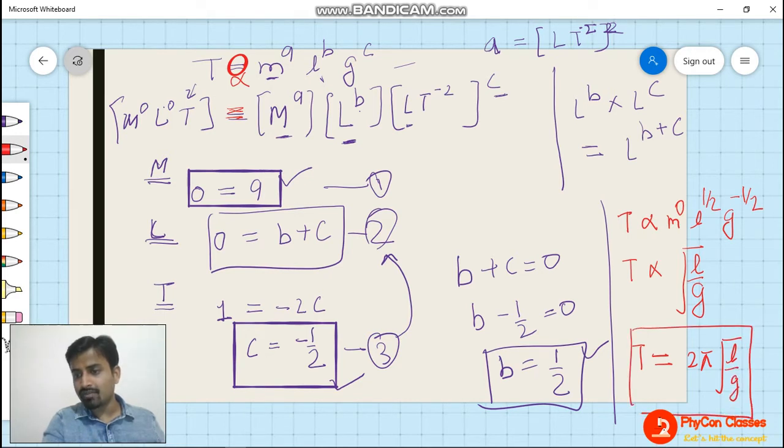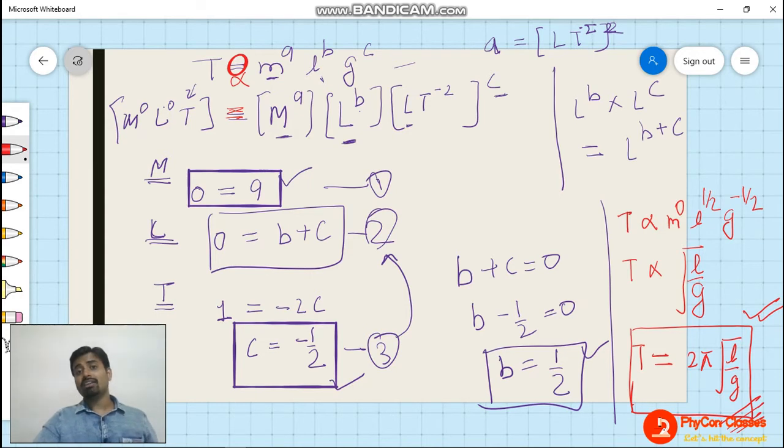Clear? So this equation we have already seen. We have solved some previous year questions based on this equation, and now we know how to find out this relation. Clear? So this relation is calculated for a simple pendulum in which the length of the string is given, mass of the bob is given, acceleration due to gravity is given, and in this equation you can see that there is no mass term.